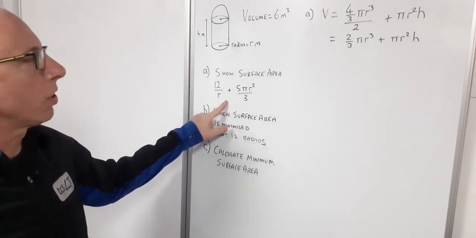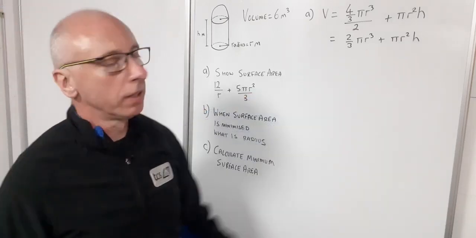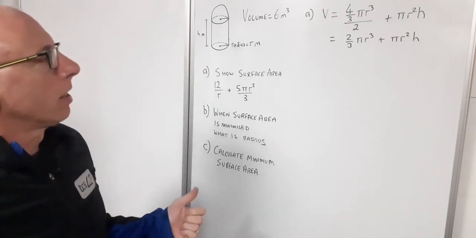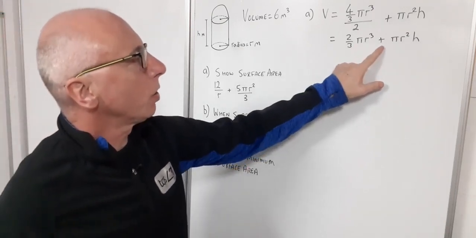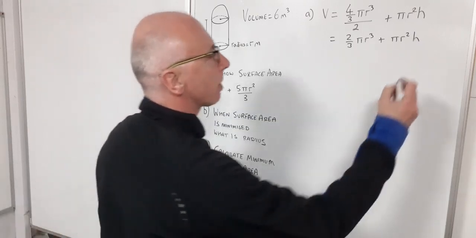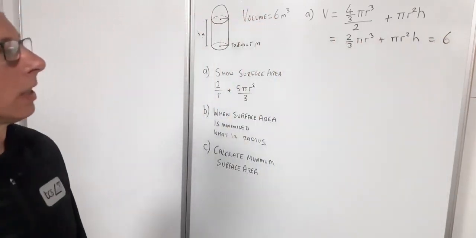So what we might want to do is to take out the height for this formula. So let's have a look at that. Well, we've got 2/3 pi r cubed plus pi r squared h. Now we know that this equals 6, as the volume is 6 meters cubed.